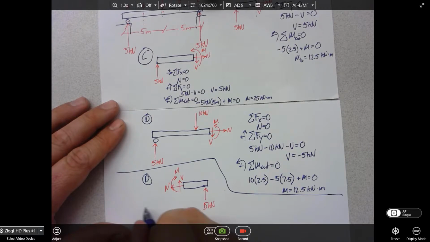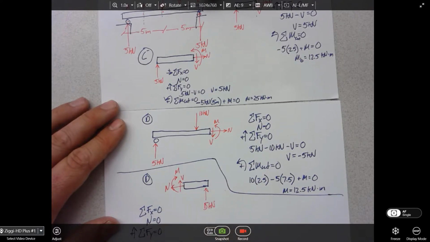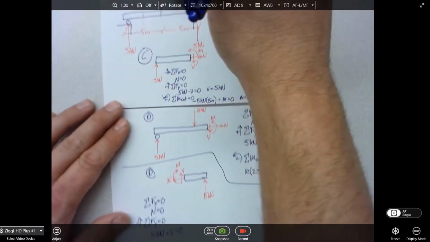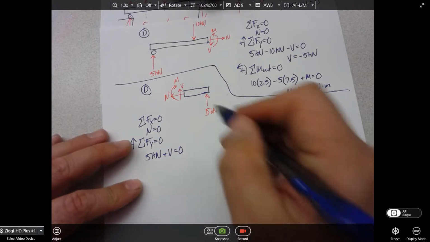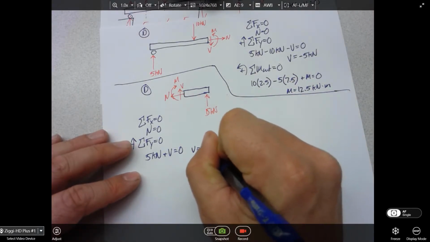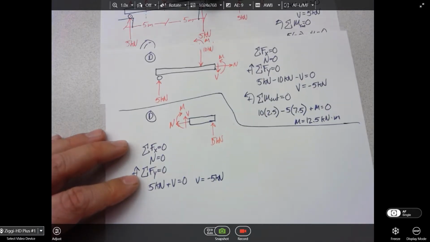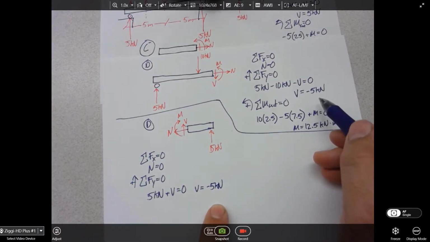So now let's sum our forces. Always start with the X. So far in this beam it's been very boring. N equals 0. Move to sum of the forces in the Y. We're going to say up is positive. So now I have 5 kilonewtons plus V equals 0. Oops, sorry, I'm off the page. Right? So it looks to me like V is negative 5 kilonewtons. So it matches what we found in the one before.